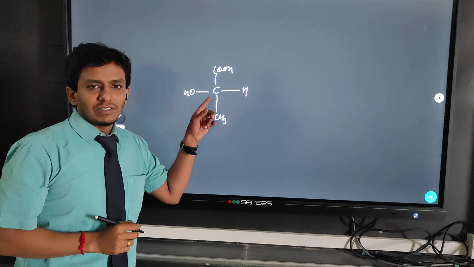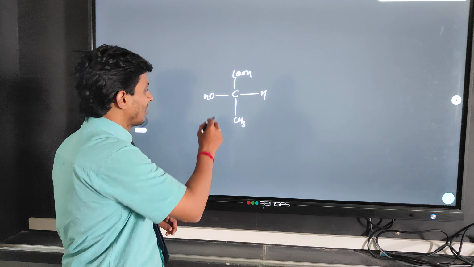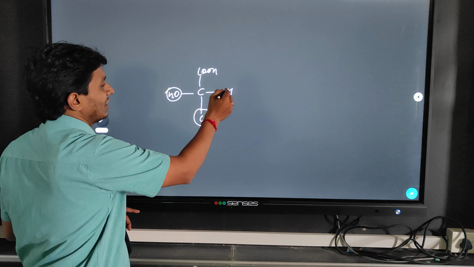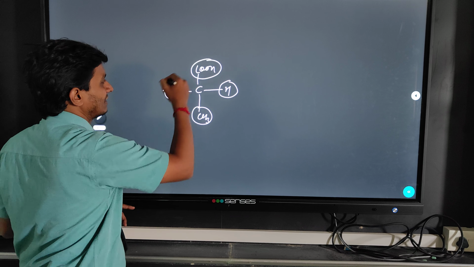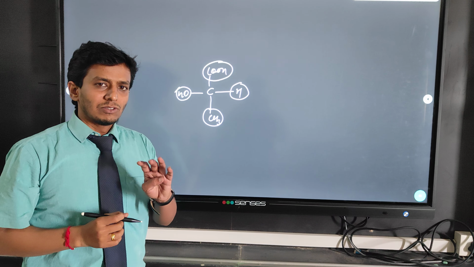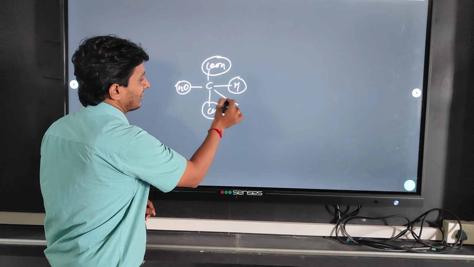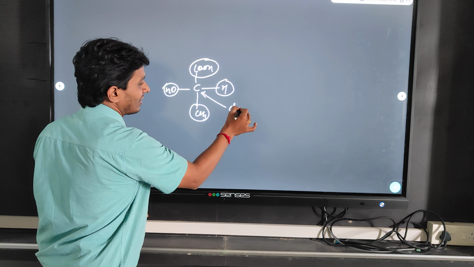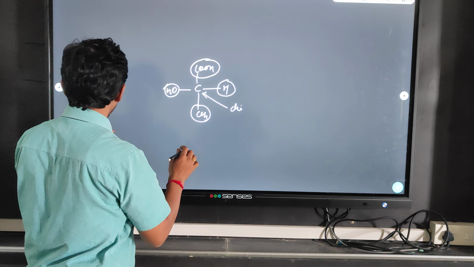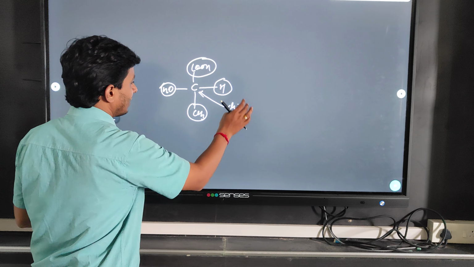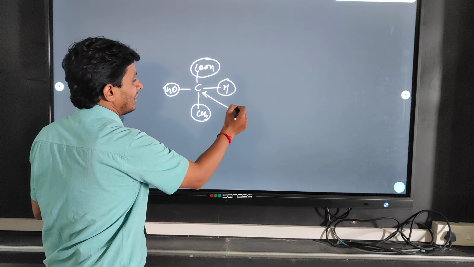Now this carbon has 4 different groups: this hydroxyl group, this methyl group, this hydrogen, and this carboxylic group. These 4 different groups make this carbon a chiral carbon.